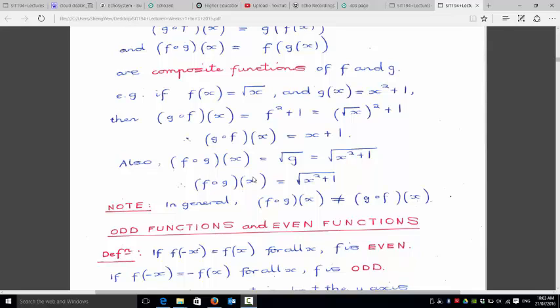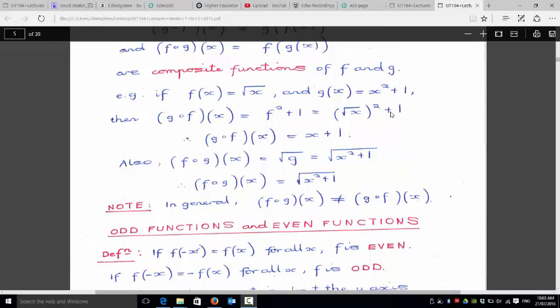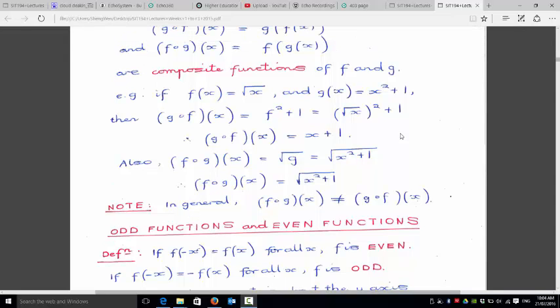Then for g(f(x)), because f(x) is the variable of g(x), we just substitute x in g(x) by f(x), and then we get square root of x squared plus 1, and finally g(f(x)) is equal to x plus 1.